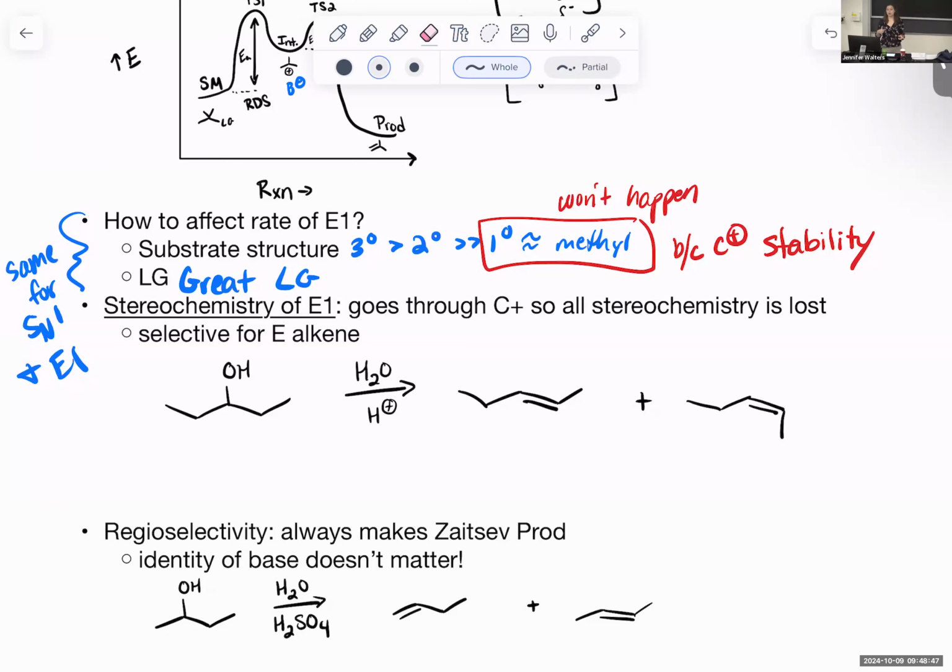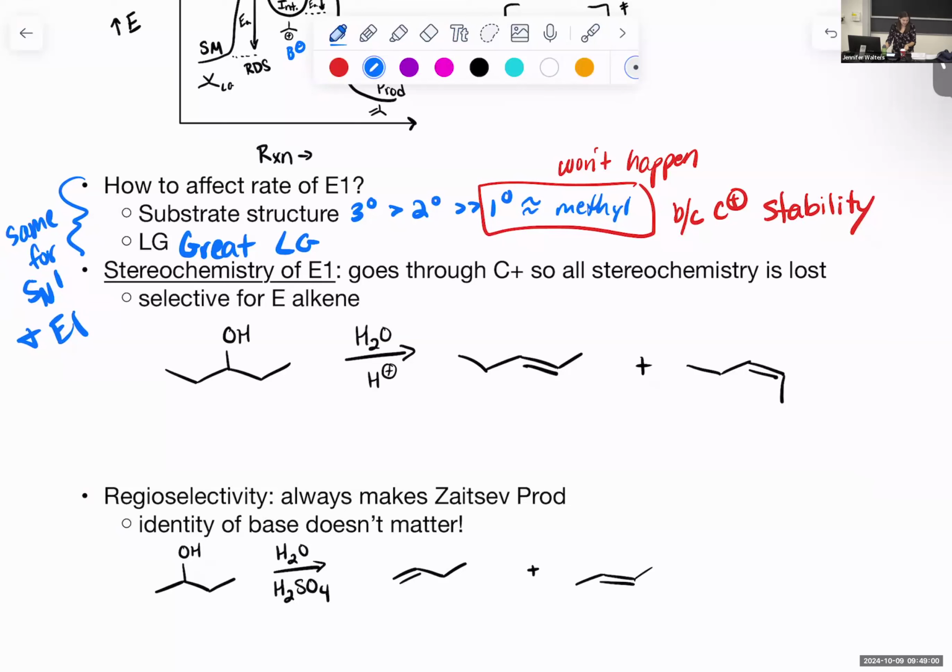So just like with SN1, where you got racemization, now with E1 we're going to care about product stability. E1 is always going to lead to trans, or E, as the major. It can make cis or Z, but it's going to be way minor.